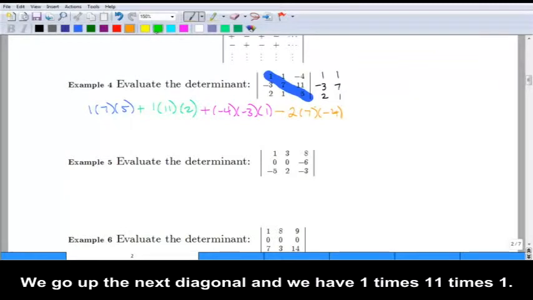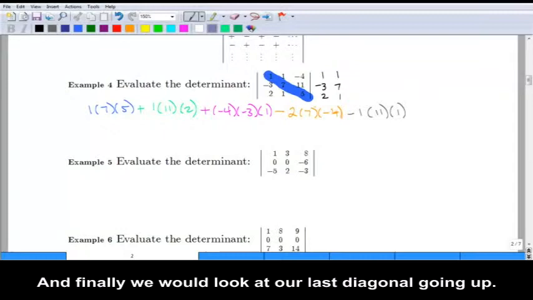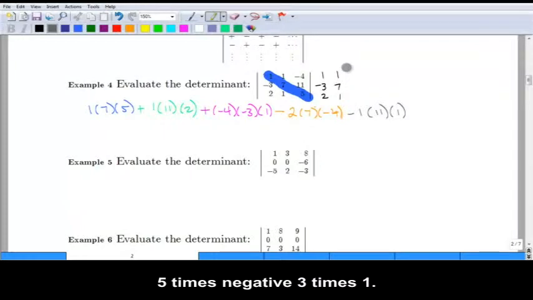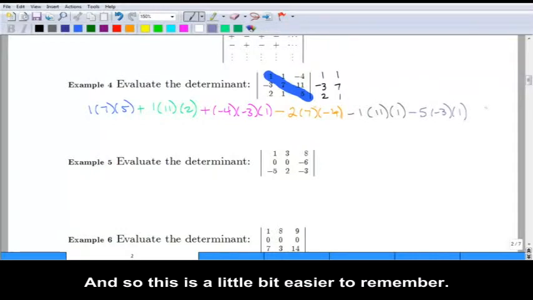We go up the next diagonal, and we have 1 times 11 times 1. So we would have -1 times 11 times 1. And finally, we would look at our last diagonal going up, 5 times -3 times 1. And again, -5 times -3 times 1. And so this is a little bit easier to remember.